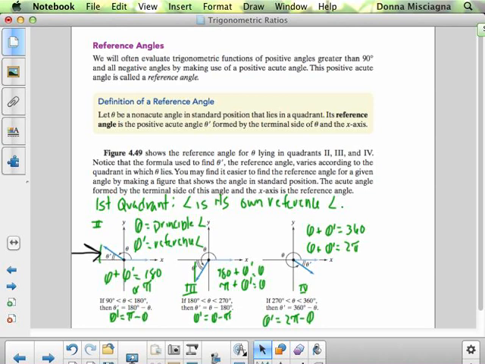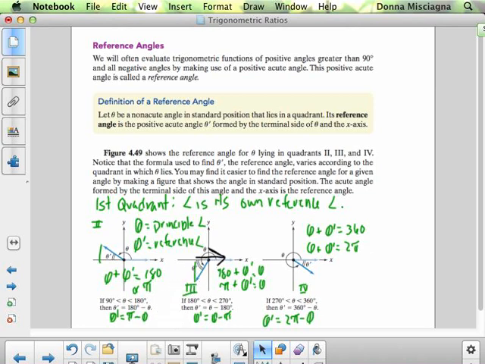So we always go to the x-axis, going down to the negative x-axis, or going up to the negative x-axis. Since 180 plus the reference angle, or pi plus the reference angle, equals the principal angle, we'll simply subtract pi, or 180 degrees, from our principal angle to find our reference angle.